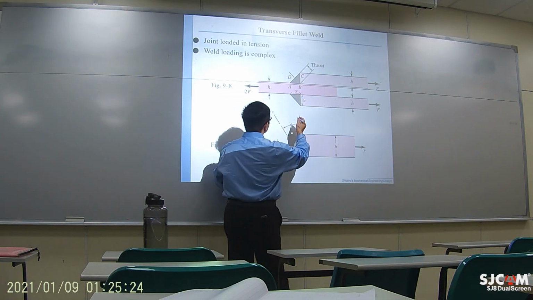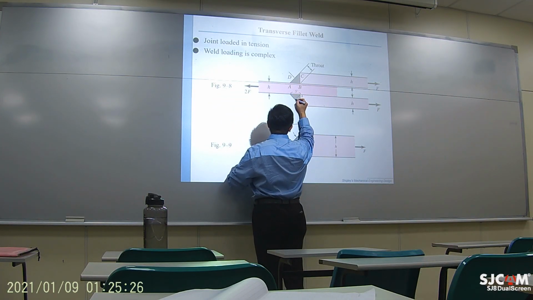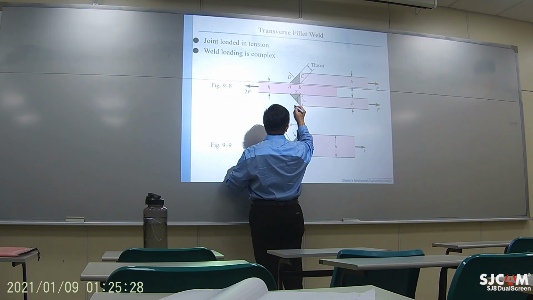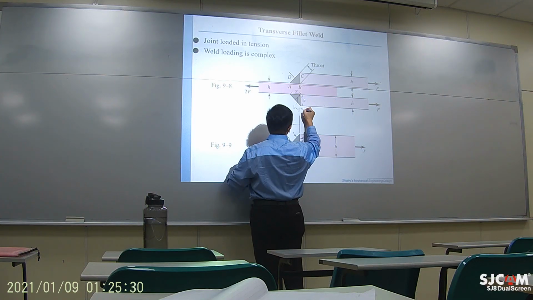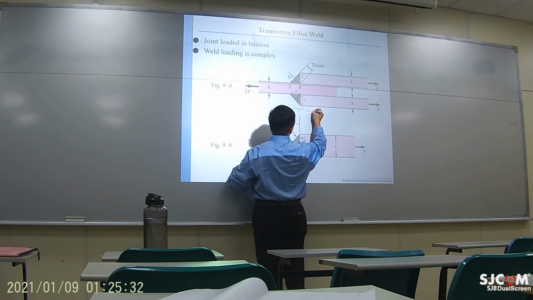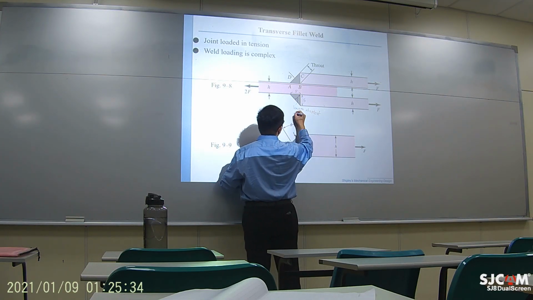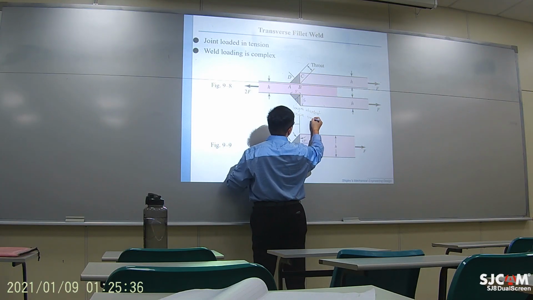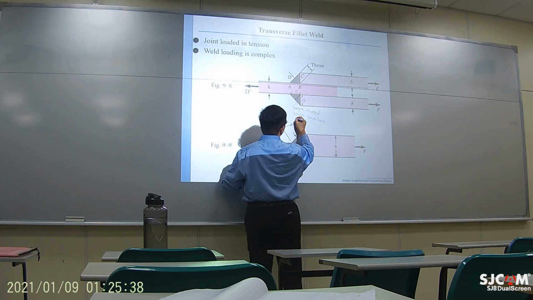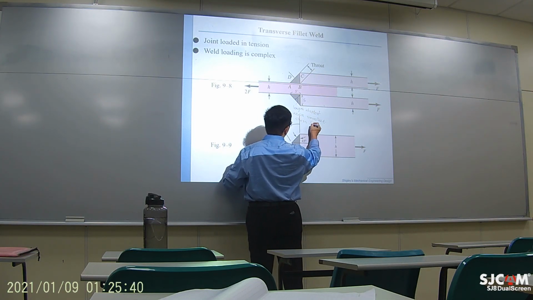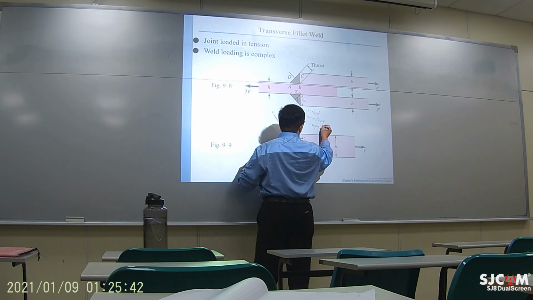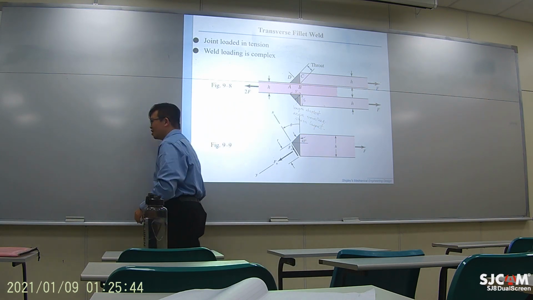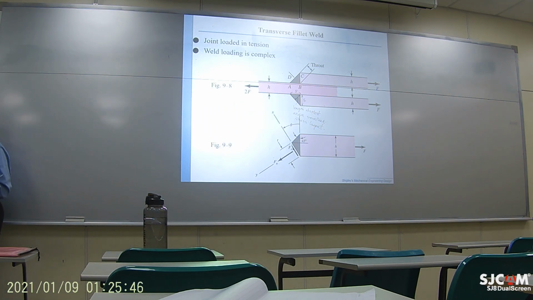But in fact, if you analyze the weld material right here, this length is the shortest and the area smallest. So the stress is the largest. Okay? That's why we need to study the most critical stress area.